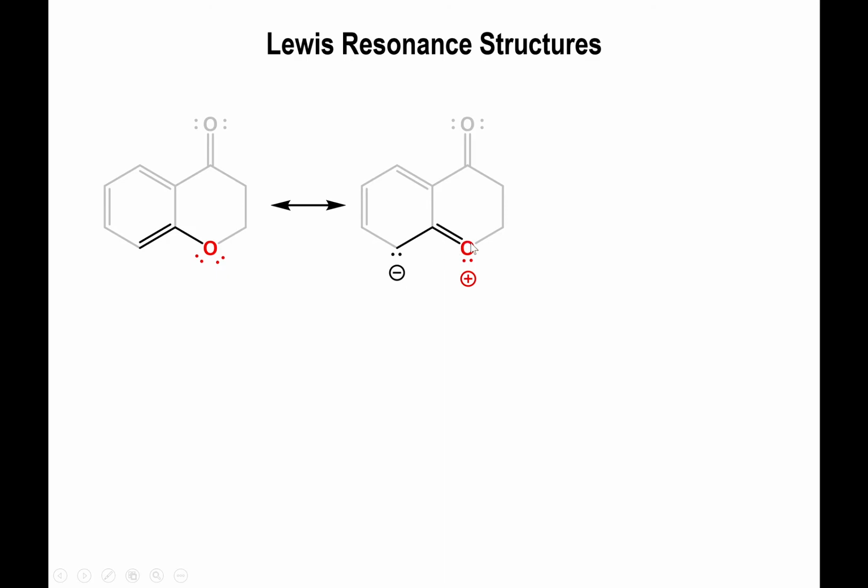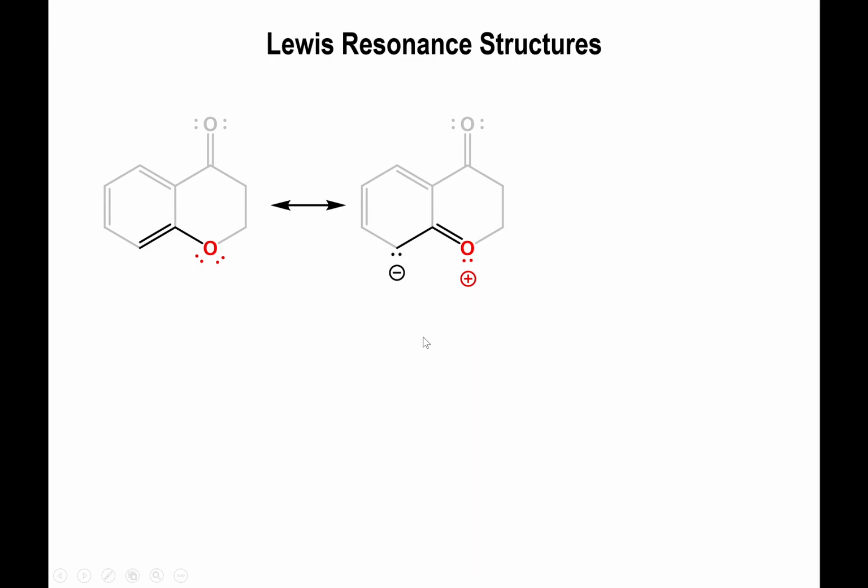Okay, so aside from the fact that we have drawn a new electronic configuration, if you will, for the molecule, we've also developed some charges because the oxygen that used to have 2 lone pairs now only has 1. It has, in a way, given away its electron pair, and because of that it has developed a positive charge. On the other hand, the carbon here used to be without lone pairs, but now it has a lone pair, so it has received electrons and now it has a negative charge.